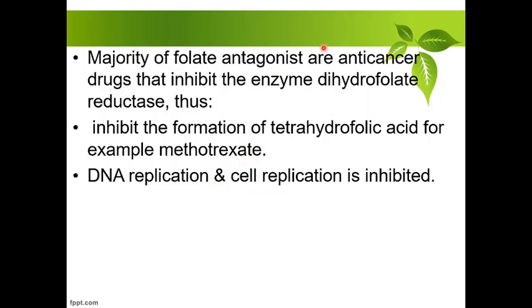Majority of the folate antagonists, अभी मैंने आपको बताया ना, are anti-cancer drugs, जो कि dihydrofolate reductase को inhibit कर देती हैं, thus inhibiting the formation of the tetrahydrofolic acid, for example methotrexate. And what happens? DNA replication stops, cell multiplication stops, and the cancer cell growth is somewhat controlled or restricted.